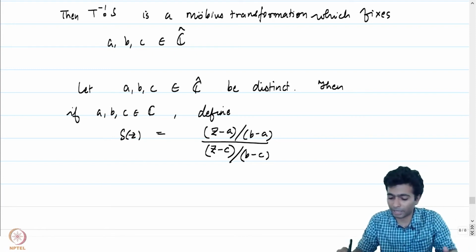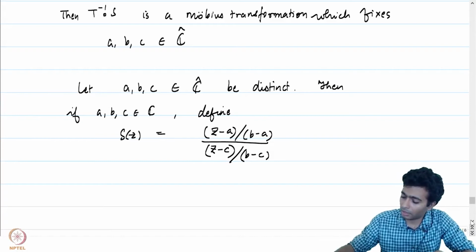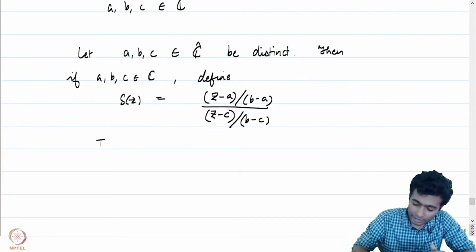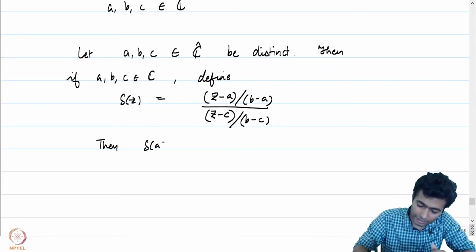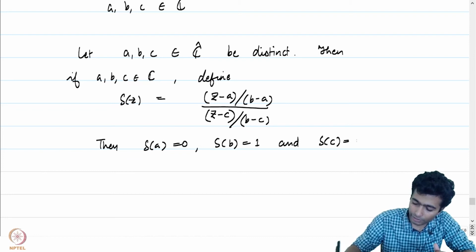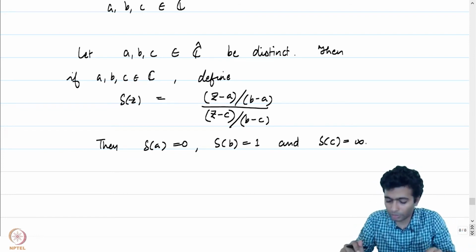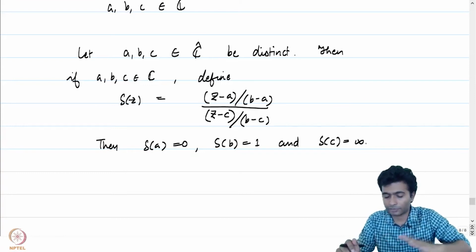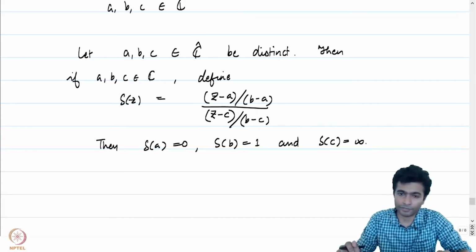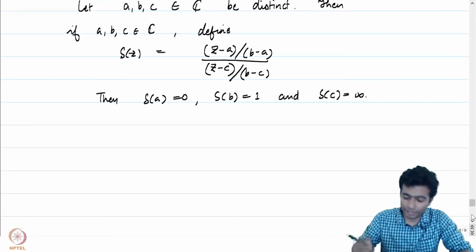By multiplying by the complex number, you are going to get hold of a Mobius transformation here. Check that S of A is equal to 0, S of B is equal to 1 and S of C is equal to infinity. So we can explicitly get hold of a Mobius transformation which maps these 3 points to 0, 1 and infinity.